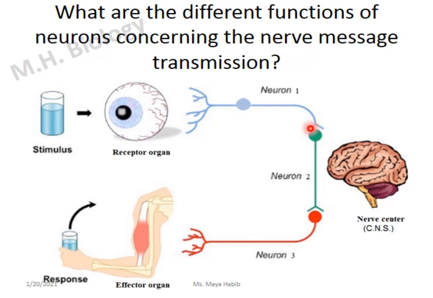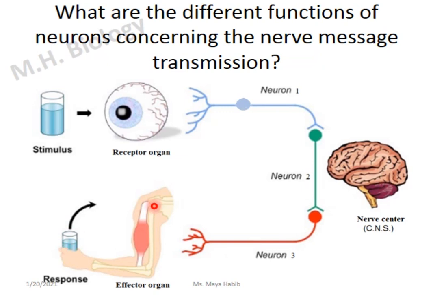Within the nerve center, you also have neurons, for example, in this case, neuron 2, and it is within the nerve center where we have integration. After the integration, a motor nerve message, which is the order, will be generated and will be transmitted along the neuron 3 in here till reaching the effector organ, which is in this case the muscle, resulting in the response, which is holding the glass of water to drink.